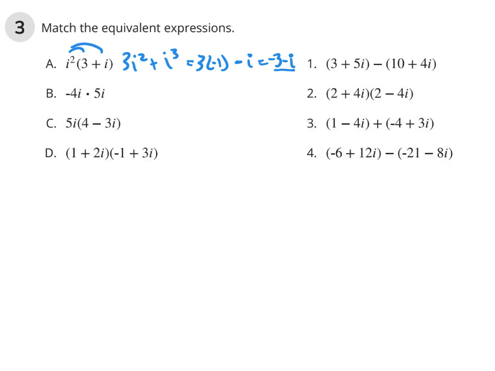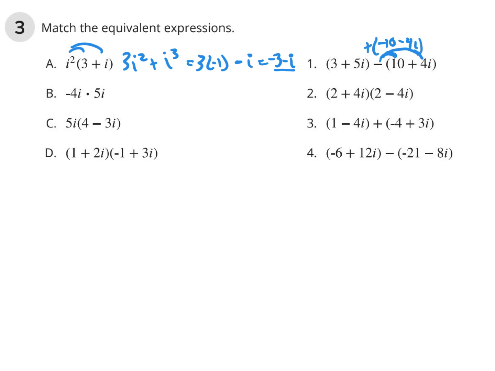Now, let's go to B. This is a negative outside of a thing, so I got to distribute the negative first, which gives me negative 10. So I distribute. I get negative 10 minus 4i plus.